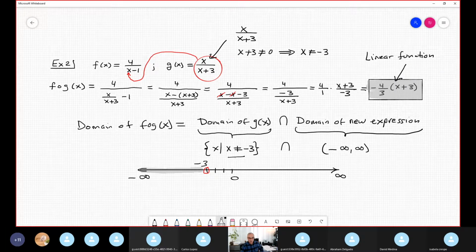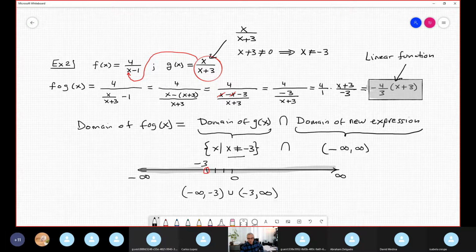And the intersection, remember, is a common element. No? All real numbers represents the entire line. And the restriction as a hole. So if you want to represent this in the other notation, it is from -infinity, comma -3, union, -3, comma infinity.